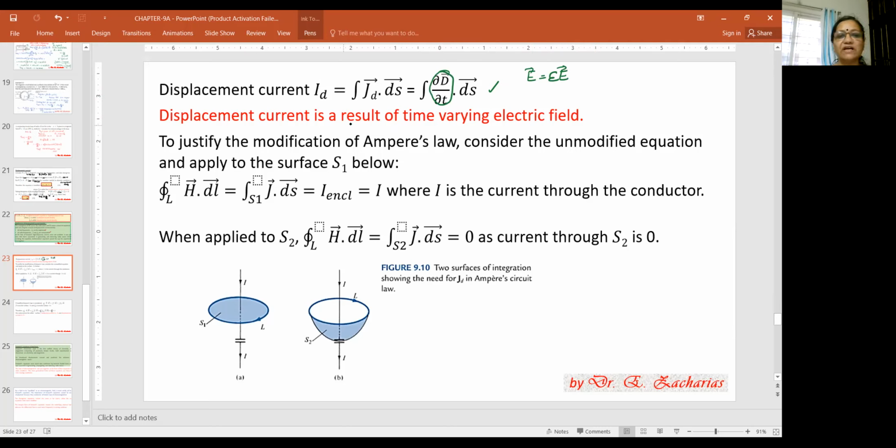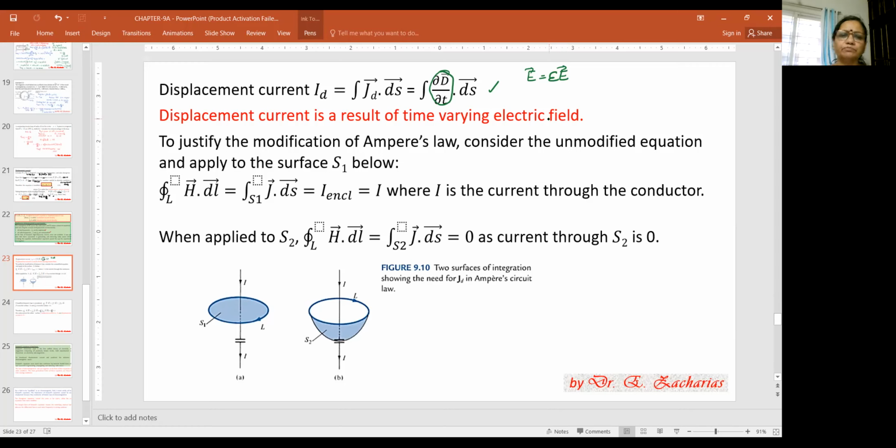The displacement current is a result of a time varying electric field. So when we are talking of a time varying electric field, we are talking of a dynamic situation. Only in dynamics will this displacement current concept come, and again, this becomes appreciable only at high frequencies.